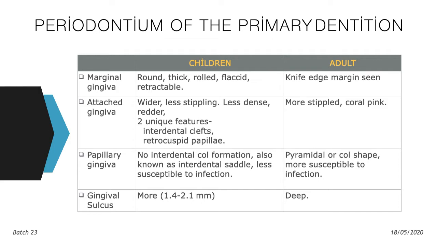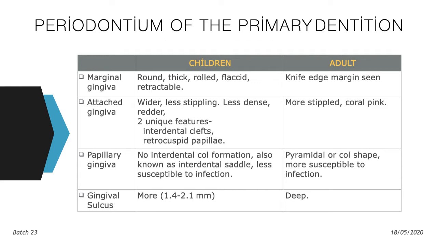The papillary gingiva is pyramidal in shape, and in the posterior region it will have a tent like or valley like shape, which is called a col, and the gingival sulcus will be around 0 to 3 millimeters in adults, whereas in children the marginal gingiva will be more rounded, thick and rolled compared to adult gingiva.